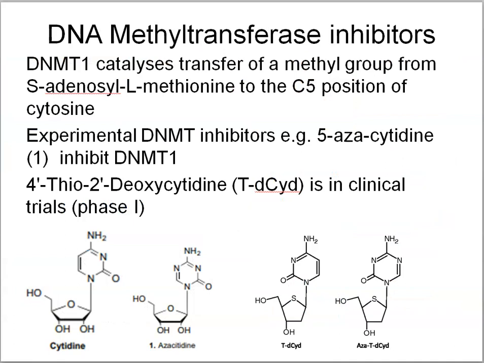So to combat oncogenic overexpression of DNA methyltransferases, a group of DNA methyltransferase inhibitors have been described, very well characterized as 5-azacytidine, which has been tried particularly in myelodysplastic syndromes and other hematological malignancies. And there's other versions of 5-azacytidine which are in clinical trials.